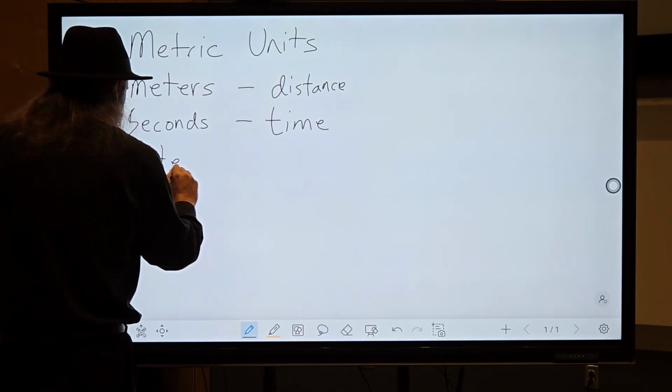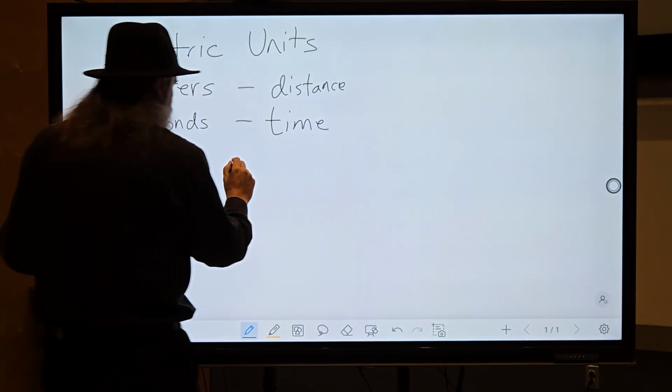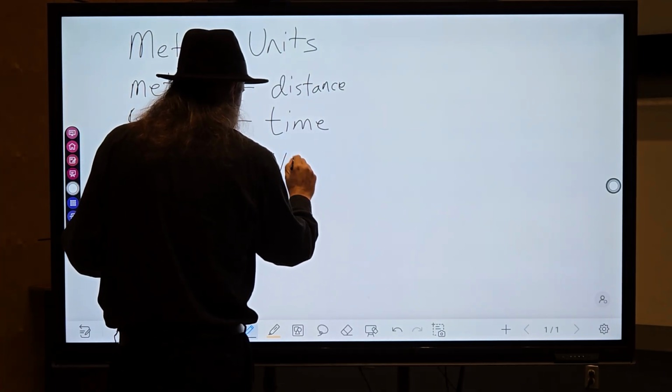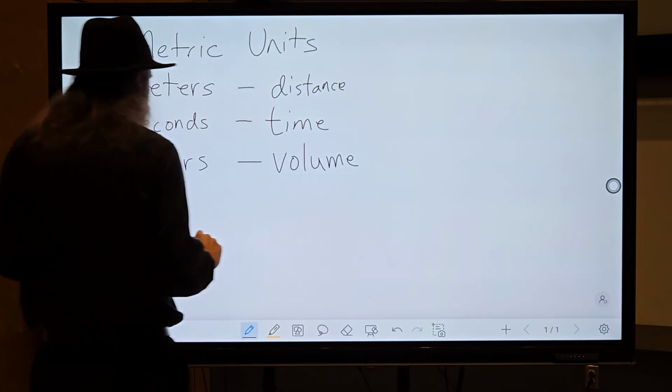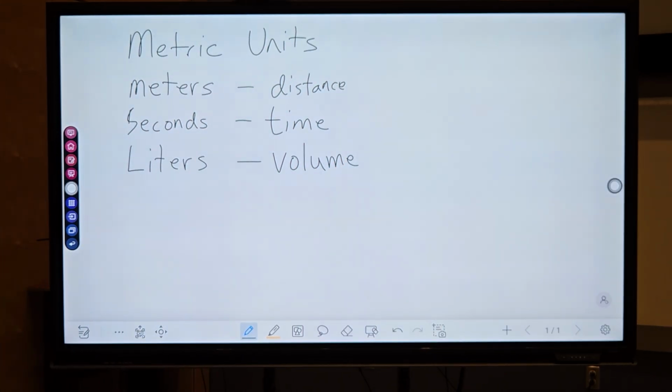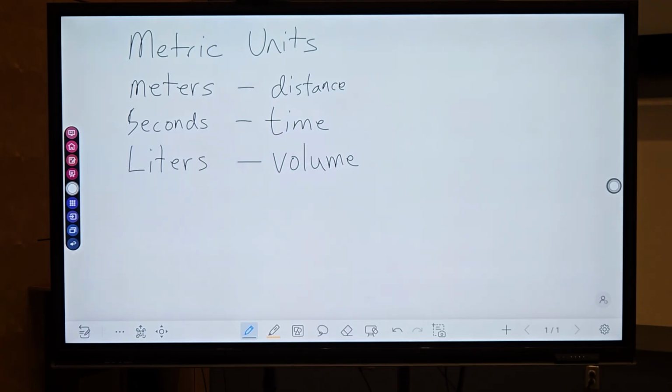Liters for volume. A liter is a cube 10 centimeters on either side.